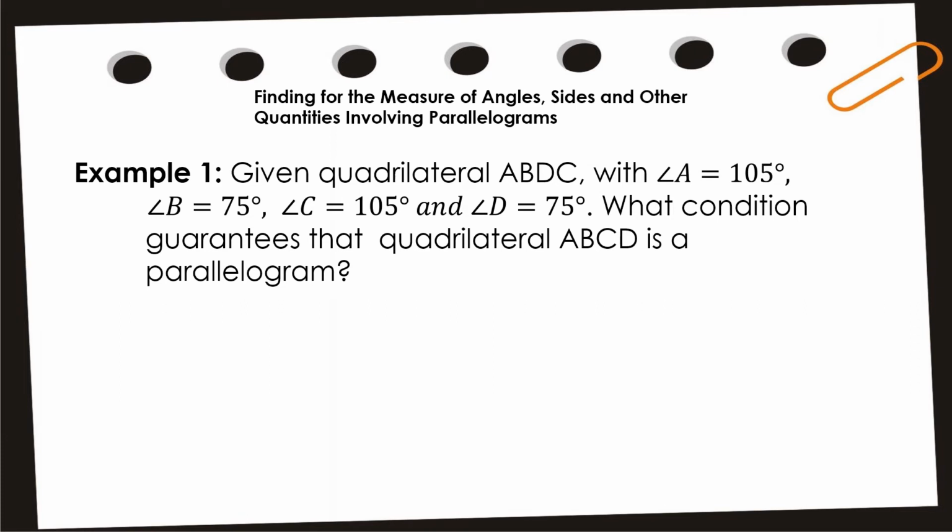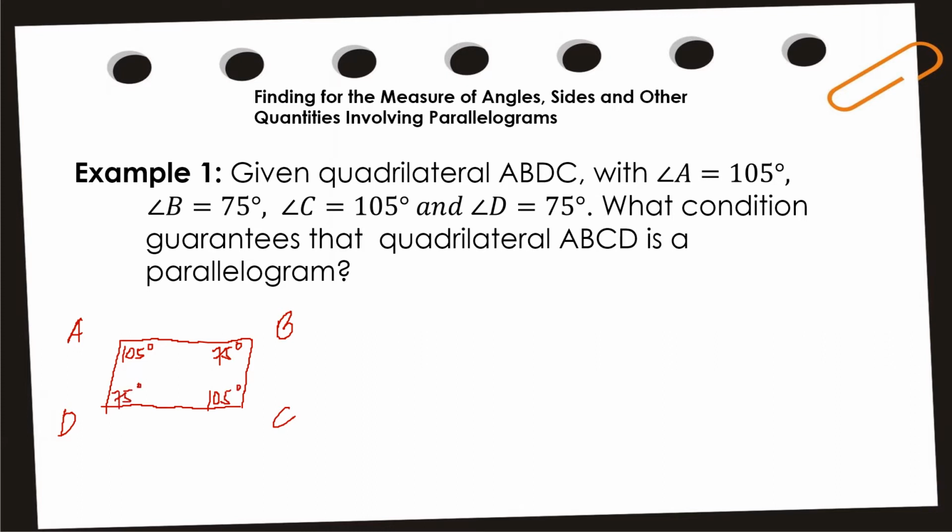First, let us try to illustrate quadrilateral ABCD. So according to the problem, angle A is 105 degrees, angle B is 75 degrees, angle C is 105 degrees, and angle D is equal to 75 degrees.